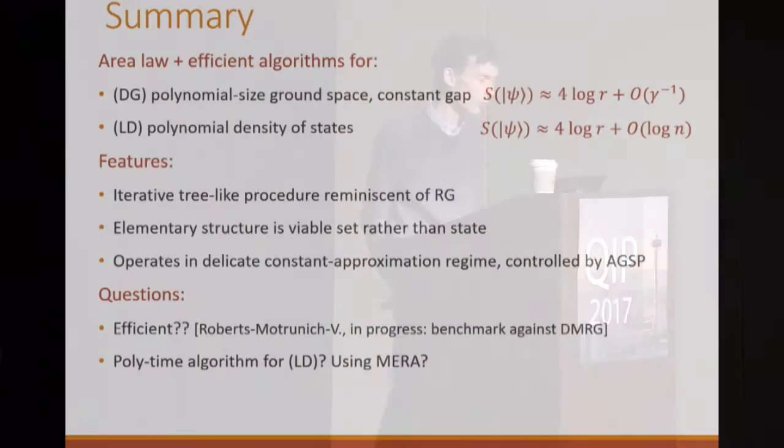You can solve systems on 100, 200, 500 qubits, depending on the system, of course, and it compares favorably with DMRG. On the easiest cases it's slower, but on cases that are hard for DMRG, it's comparable, which I think is impressive given how much work has been put into optimizing DMRG. So that's work in progress that I think is interesting.